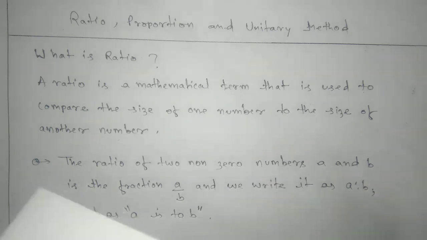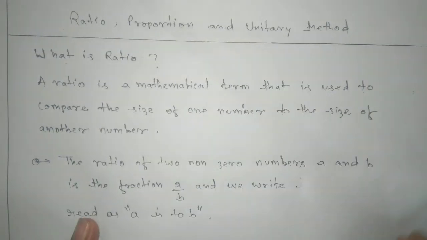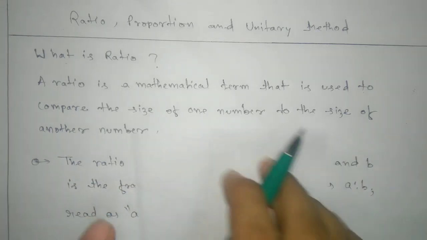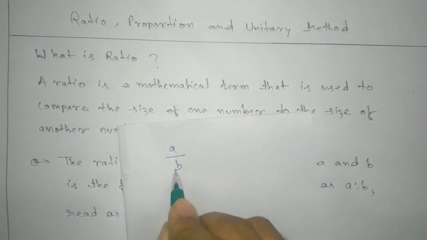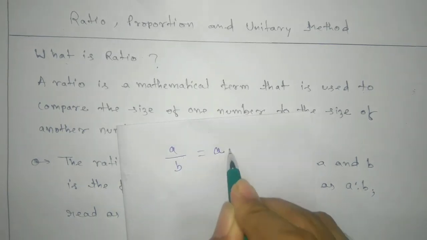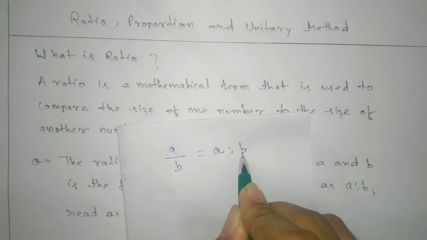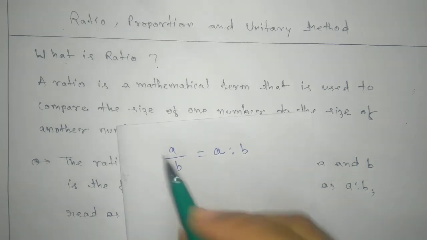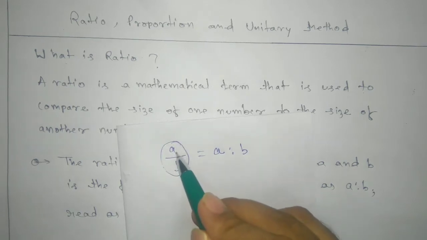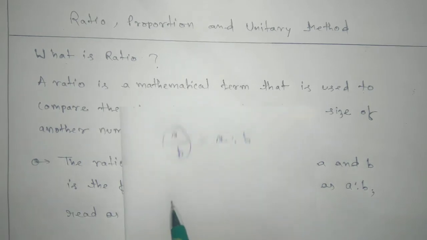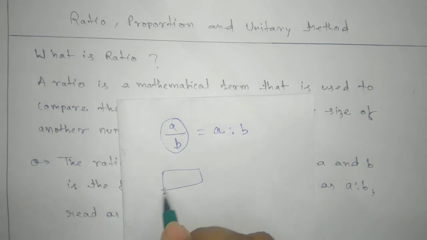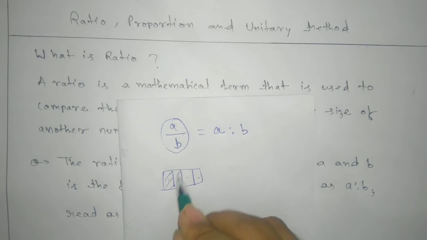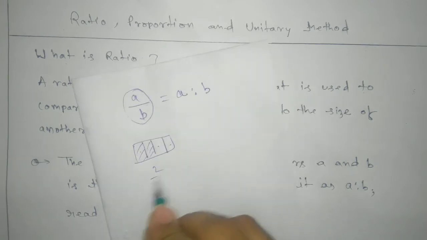Now the question will arise, sir, you have written the ratio of two numbers a and b is the fraction a by b. Yes, that means a fraction can be written as a ratio, that is a is to b. Numerically, remember, conceptually both are different things. A fraction means you take the total thing, cut it into equal parts 1, 2, 3, 4, and if we take two parts, that means 2 by 4.